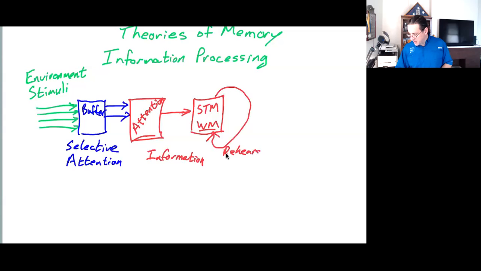Maybe you say it to yourself. Maybe you write it down. When you're taking notes and preparing for a quiz, you're usually rehearsing, right? You're taking certain information and reapplying it over and over again so that it makes sense to you.